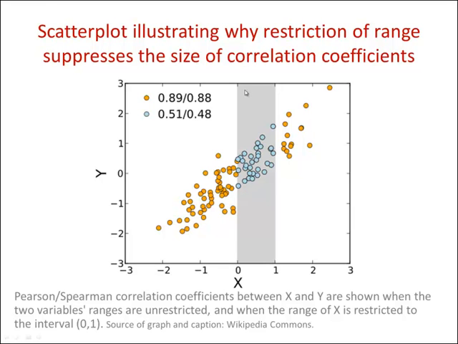However, if we now restrict the range from between 0 and 1, you can see that if we imagine this part of the diagram as a scatter plot on its own, immediately the clustering around the diagonal becomes less apparent. Basically the dots are more spread out relative to one another, and if you look at the correlation just for that section, it goes down to 0.51. So that's a restriction of range for you.